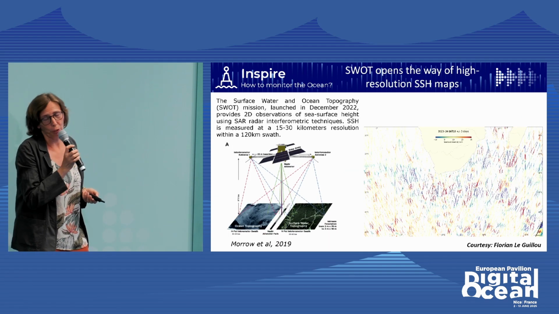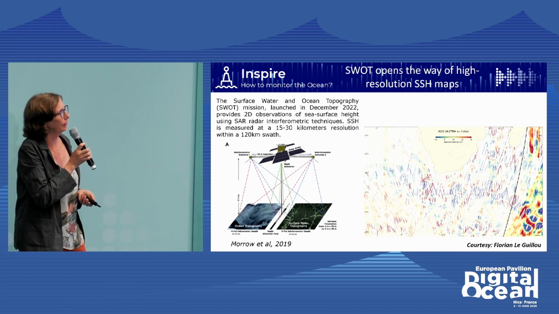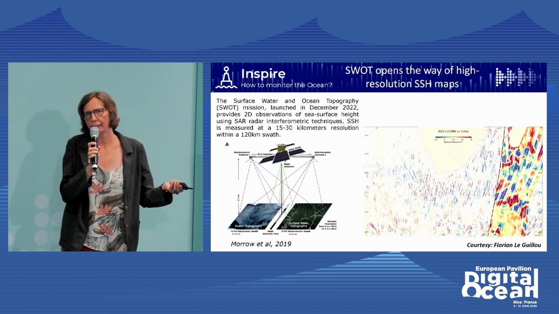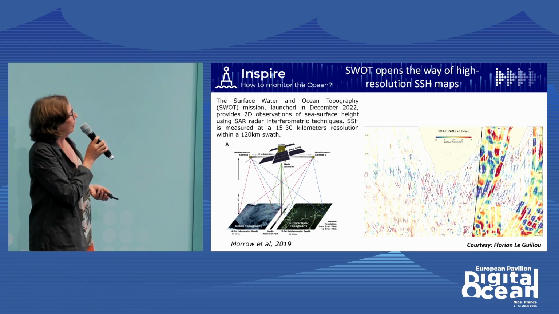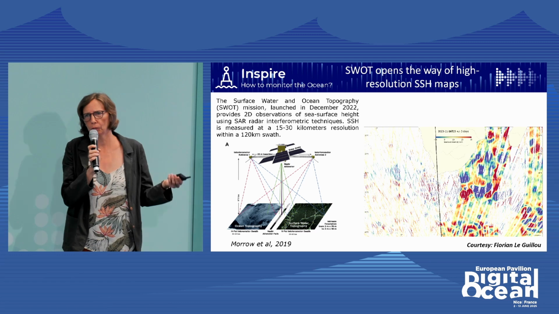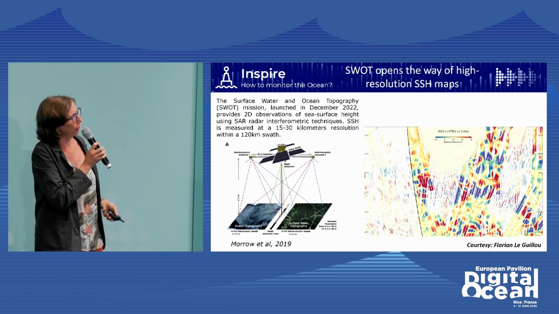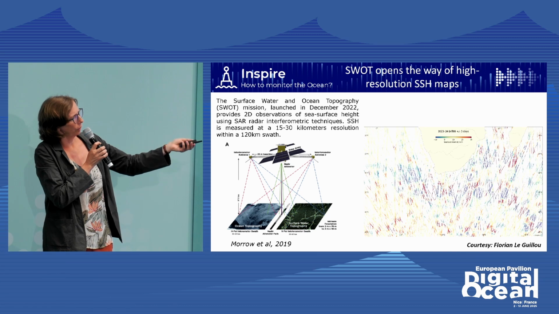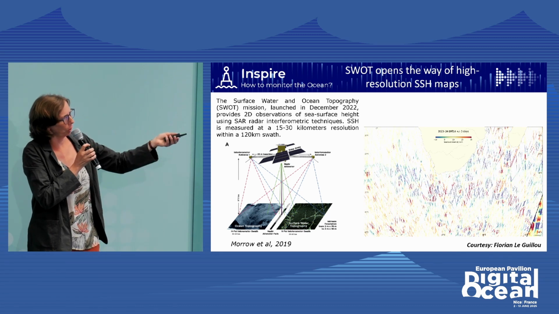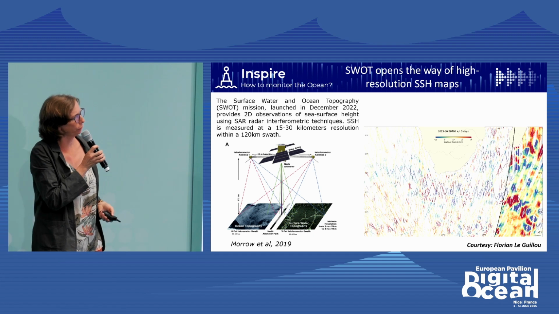Another very important point, of course, it has already been mentioned, is the launch of the SWOT satellite in December 2022, which is really a game changer for many things, but also for the geostrophic currents. This is an illustration on the right of the classical nadir altimeter tracks in the southern ocean, south of Africa.